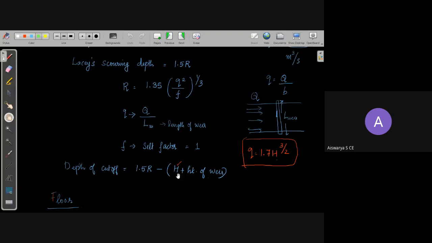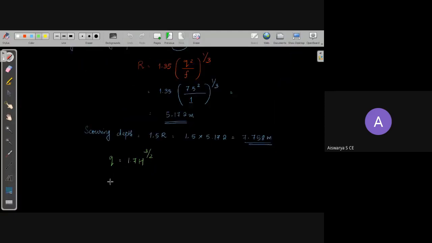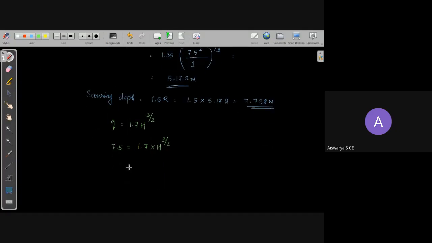In this, in order to get this H value, there is an additional equation, Q equal to 1.7 times H raised to 3 by 2. In this, Q is the discharge per unit width. When you substitute that value, Q is equal to 7.5, equal to 1.7 times H raised to 3 by 2. From this, you can get the value of H.